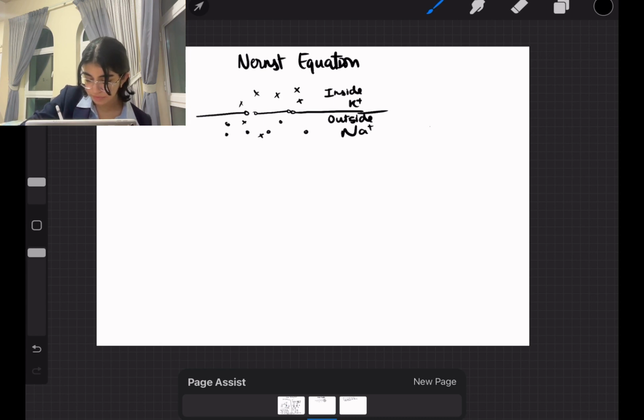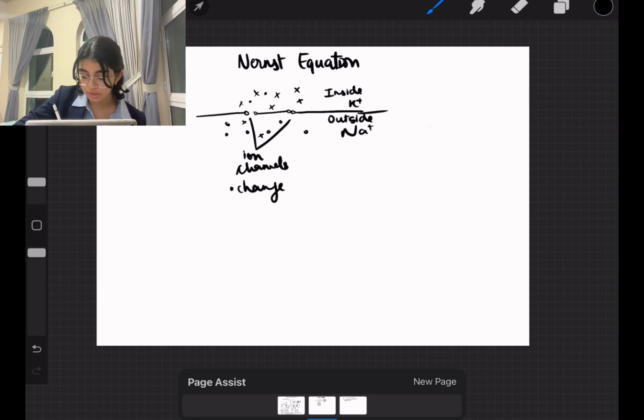And the ion channels, which are these, pump ions in and out of the cells, which causes a change in concentration, eventually causing a change in potential difference.